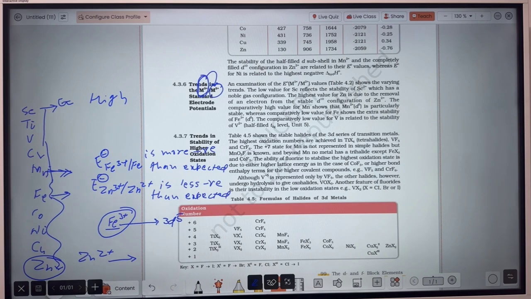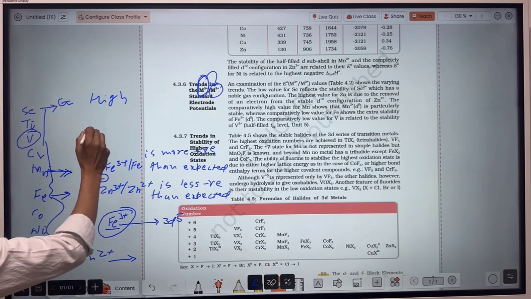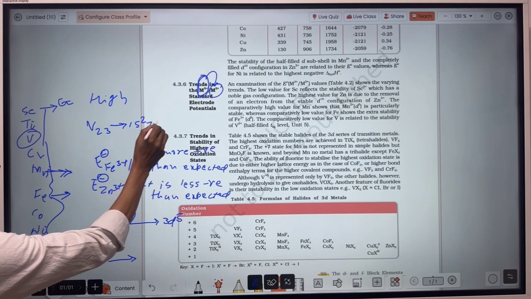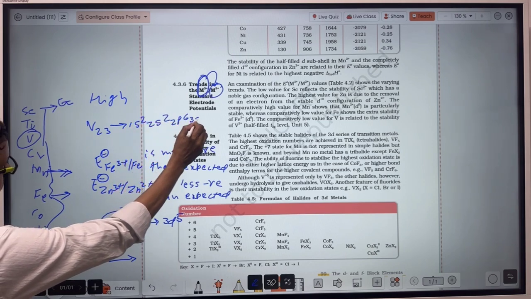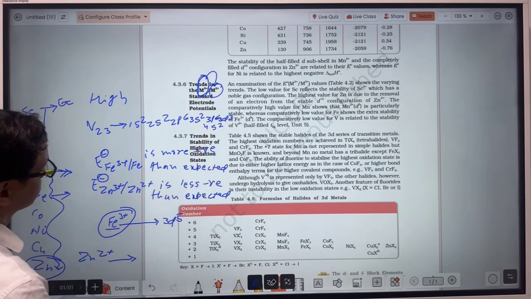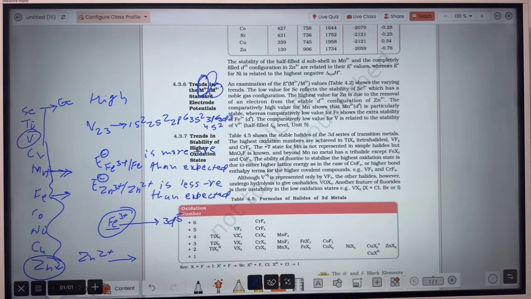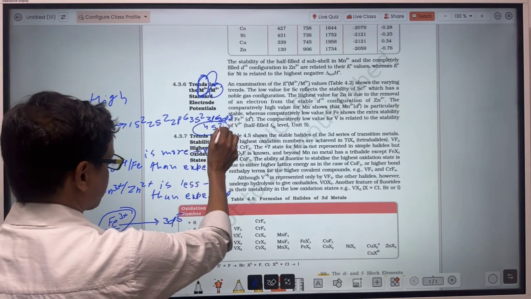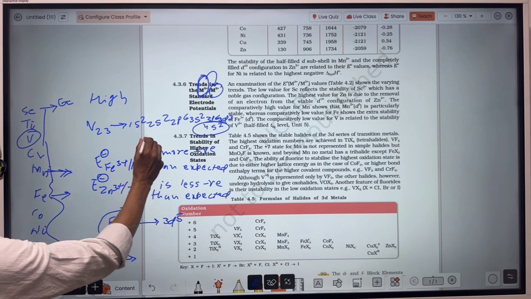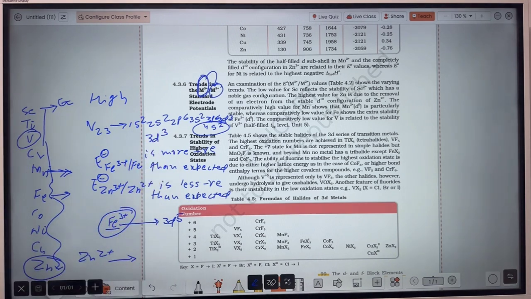One point left is about vanadium. Vanadium has atomic number 23: 1s2, 2s2 and so on. What happens here is that in the +2 oxidation state, 2 electrons are released from 4s, and the 3d orbital contains 3 electrons.